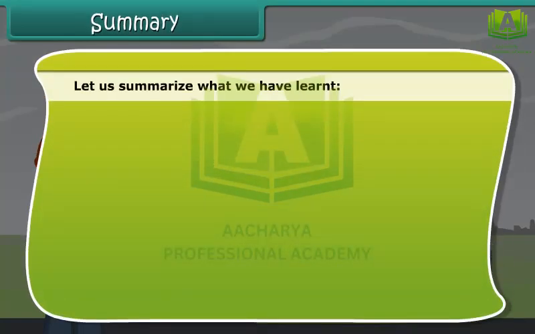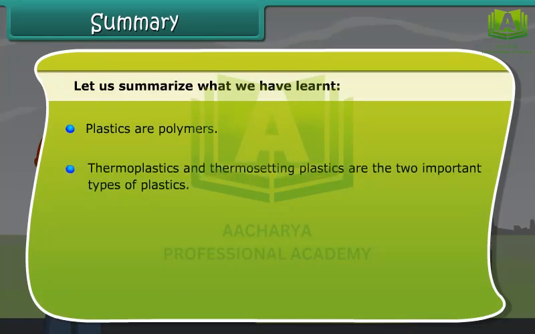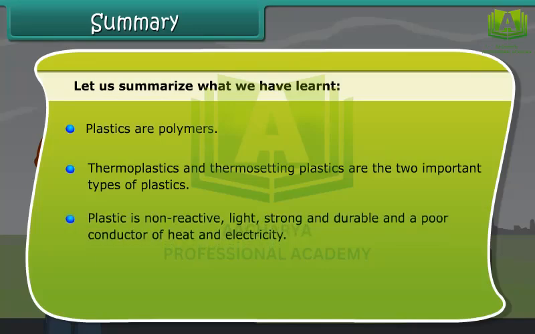Let us summarize what we have learned. Plastics are polymers. Thermoplastics and thermosetting plastics are the 2 important types of plastics. Plastic is non-reactive, light, strong and durable, and a poor conductor of heat and electricity.